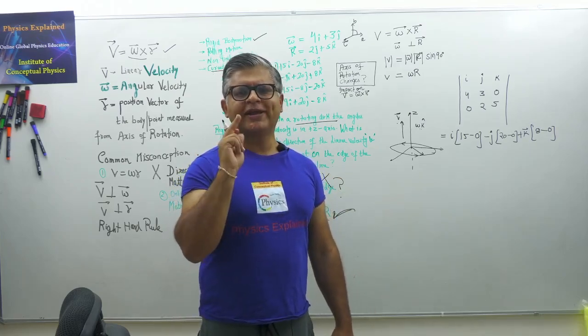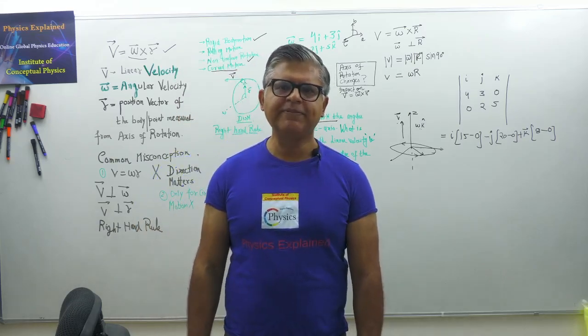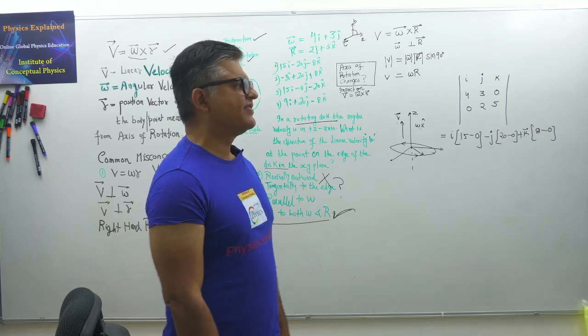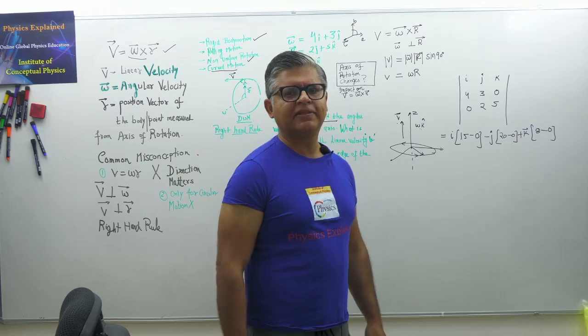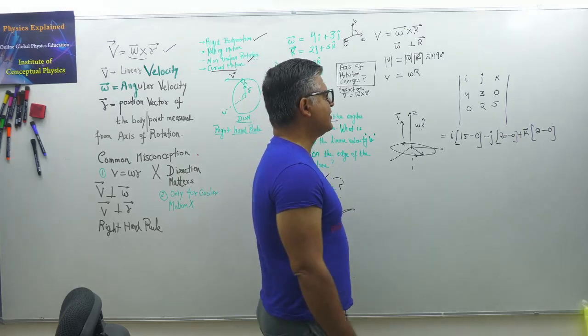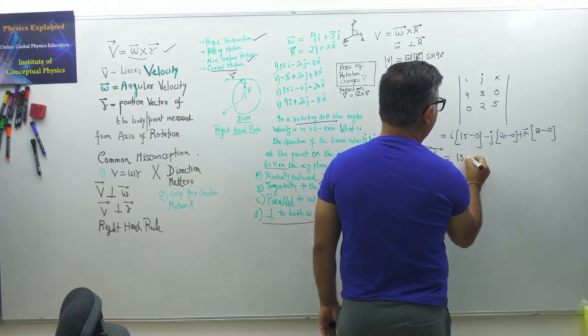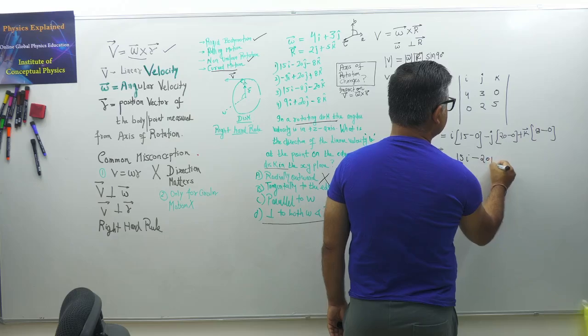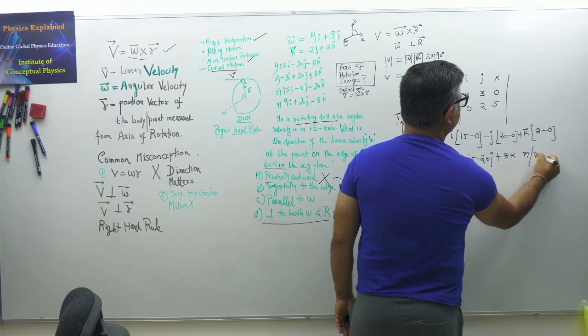This is one question you can expect in the examination, in any competitive or public examination which has physics. How do you take a cross product using the determinant method? Go to my playlist of vectors, you will be able to find it. Now, this is 15i minus 20j plus 8k meter per second.